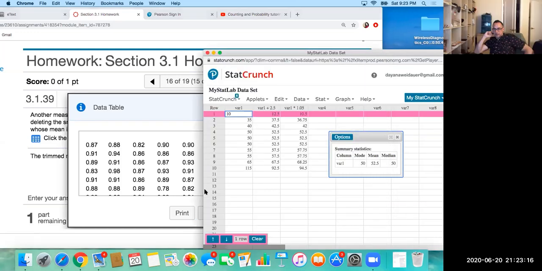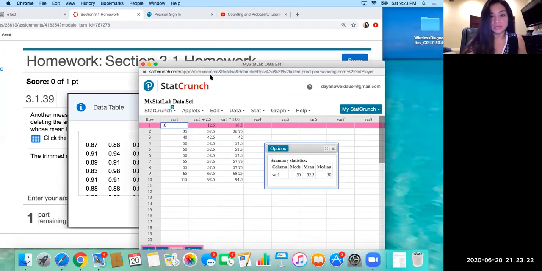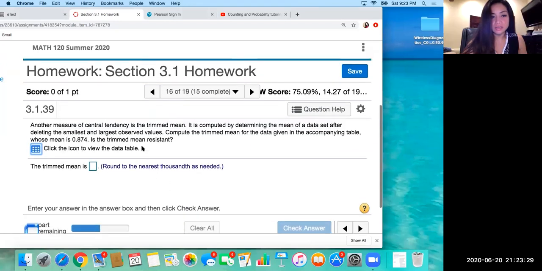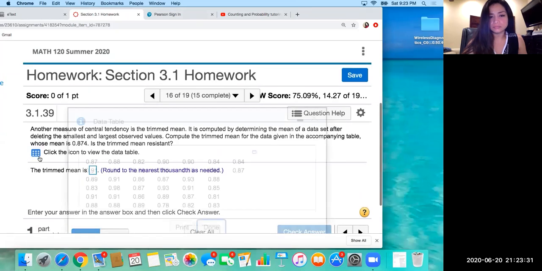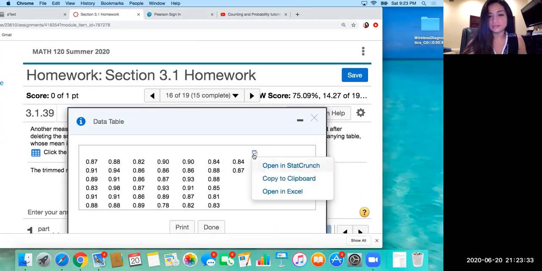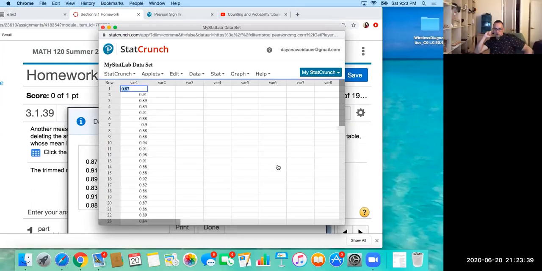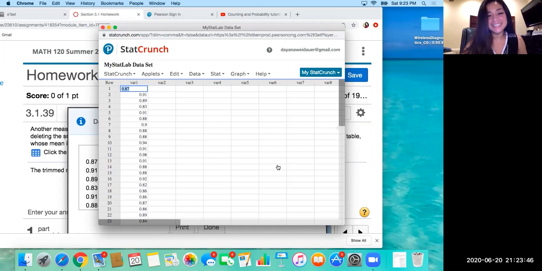Okay, so for this one, I closed this one completely, correct? Yeah, you could do that. Sure. And then, wait, this is not giving me, oh, here it is. I hope StatCrunch is available on the test. It should be. Hopefully.